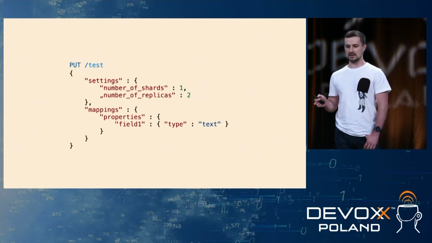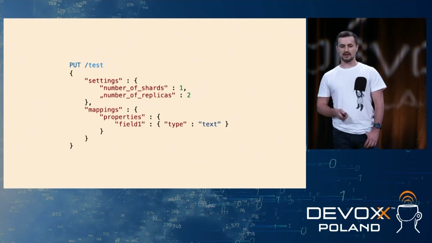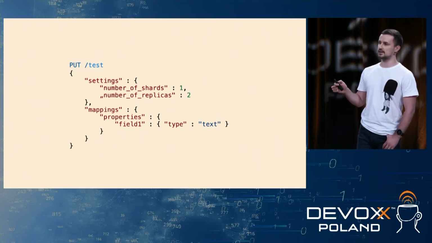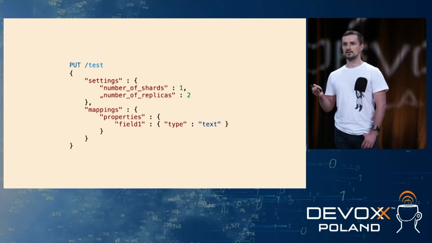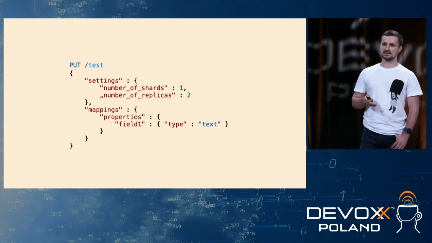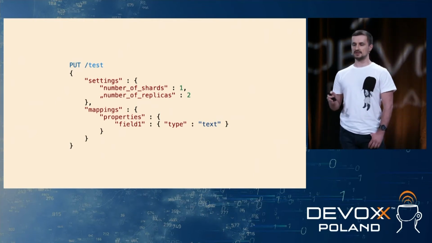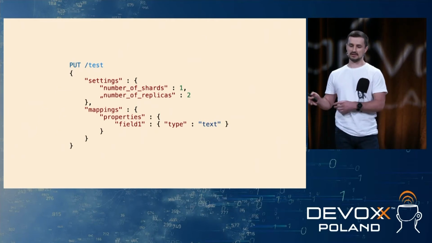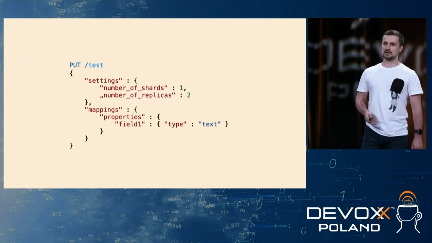We don't have a cluster yet, let's say. We have one field, and the field type is text, and text is the usual type for strings. And text means that this is going to be analyzed and divided into separate words, separate phrases, more on that later, and this field will be searchable.